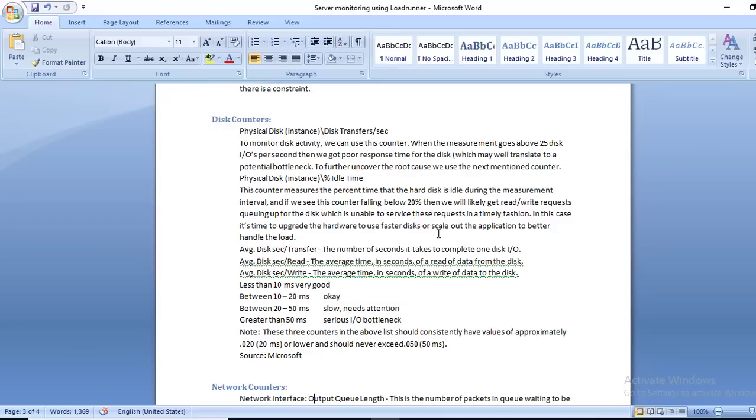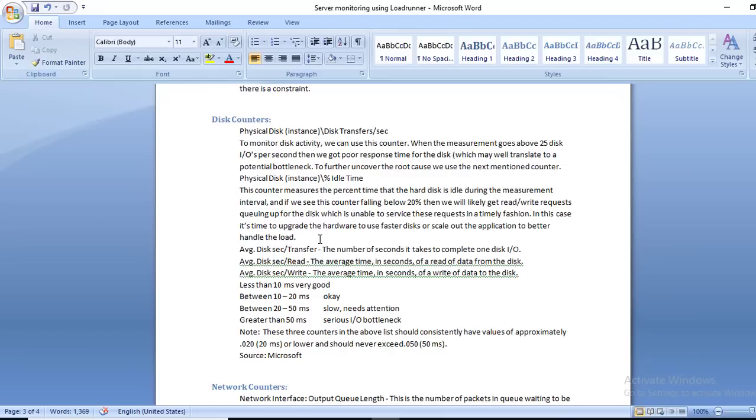In this case, it is time to upgrade the hardware to a faster disk or scale out the application to better handle the load. If the disk is slow, then we need to replace the disk. So using this counter, we can find out whether the disk is working properly or needs to be replaced.